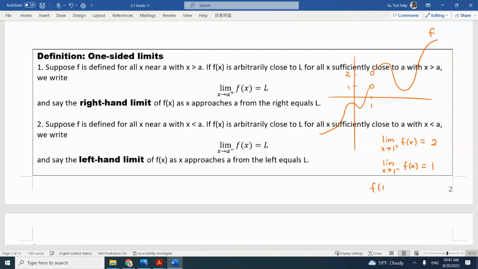And what is f of 1? Do you see this is an open circle? This is also an open circle, so the point is missing. So what's f of 1? Is it 0? Do you see it? No, there's no point there. So we use undefined to describe the function value.